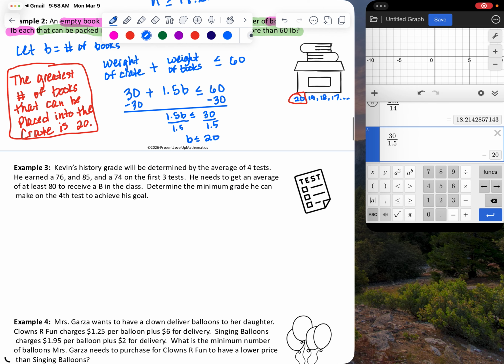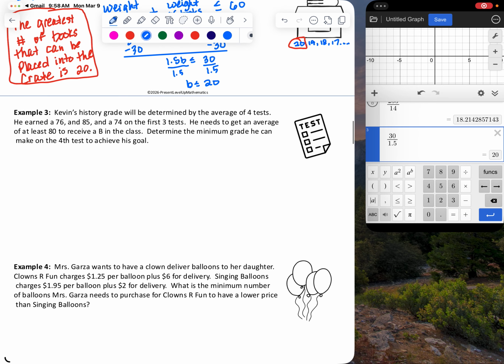All right, example 3. Kevin's history grade will be determined by the average of 4 tests. He has earned a 76, an 85, and a 74 on the first 3 tests. He needs to get an average of at least 80 to receive a B in the class. Determine the minimum grade he can make on the 4th test to achieve his goal. All right, so let's highlight what we know in pink.